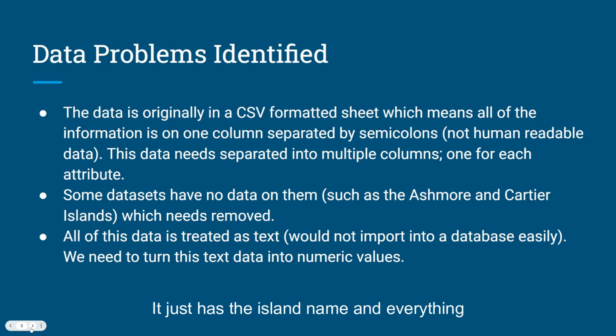It just has the island name, and everything else is empty. So the blank islands or territories or countries need to be removed. And all of this data is currently treated like text, so importing it into a database would probably be incompatible. So we need to turn these text cells into numeric values.